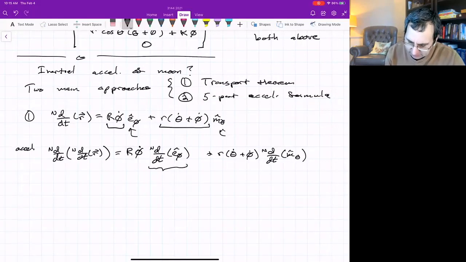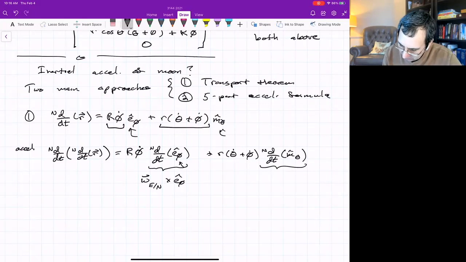All right, and what is this? I can jump to what it is. It's going to be omega, because this was written in the E frame, this is E with respect to n cross E phi. And what about this one? Because it's written in the M frame, this is M with respect to n cross m theta. And then what did we say this was?